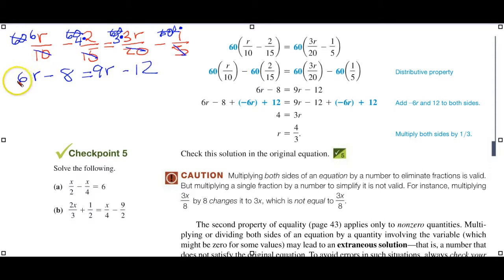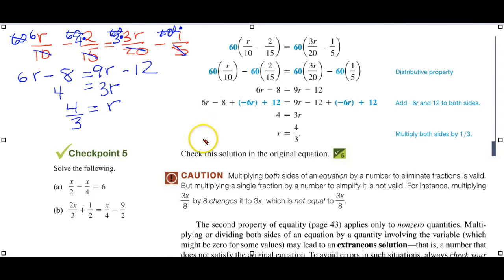We want to keep our r's, our variables, positive. So I'm going to subtract 6r, or transpose it, and then here we get a 3r. Transpose this to this side, it becomes a positive 12, so this becomes a 4. We then divide both sides by 3. We get r equals 4/3, and that's what they have.